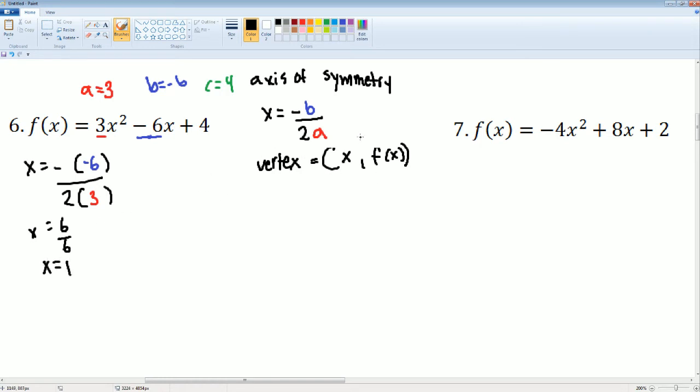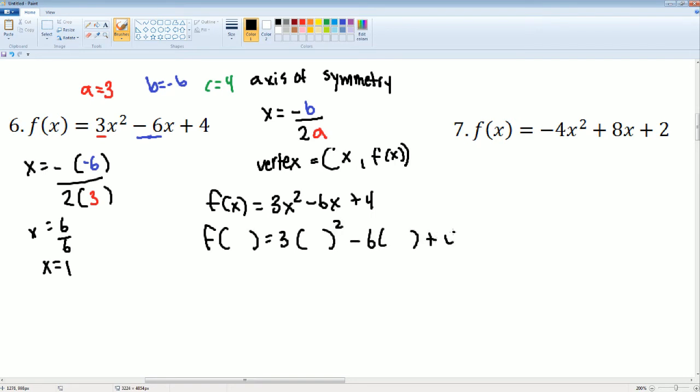Now we plug it back into the equation. Write f of x is equal to 3x squared minus 6x plus 4. Wherever you see the x, I write parentheses because I do not know what x is, but I know x equals 1 here.